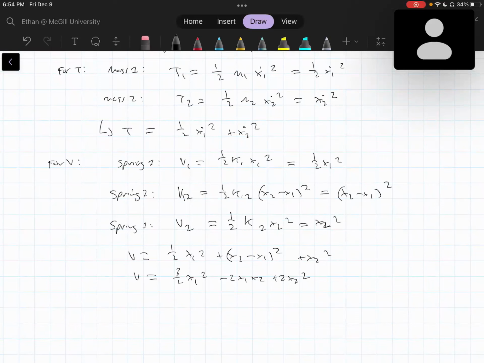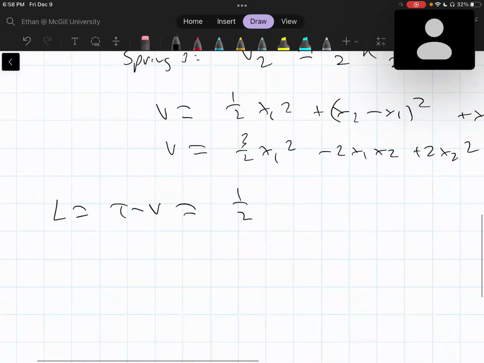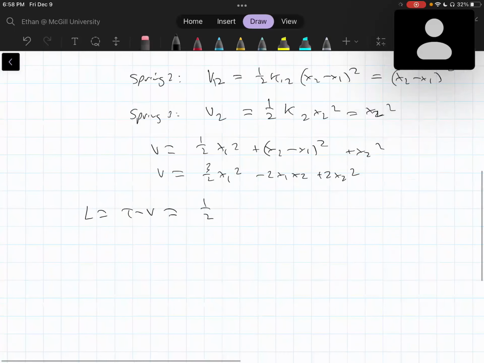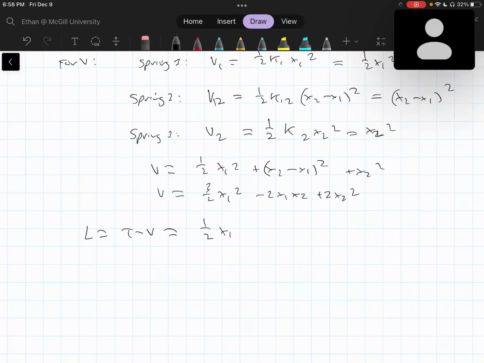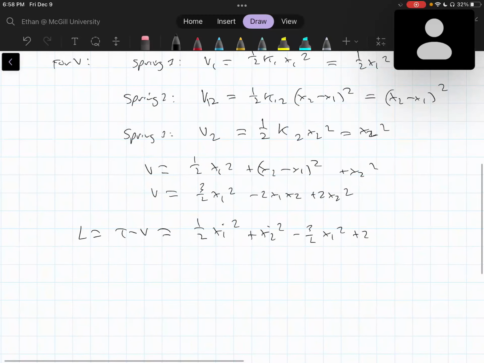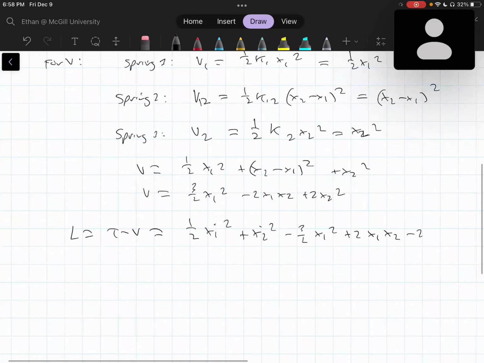So the Lagrangian L is equal to T minus V. Writing out T minus V, we're going to have half x1 dot squared plus x2 dot squared, minus 3 over 2 x1 squared, plus 2 x1 x2, negative 2 x2 squared.